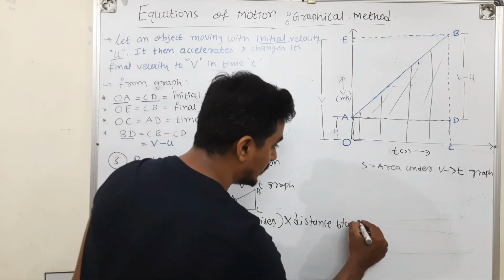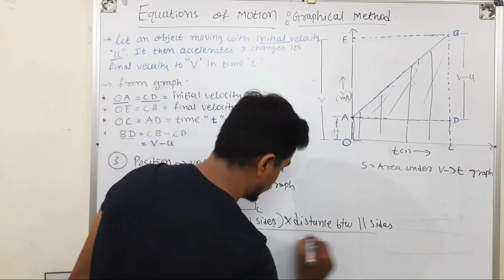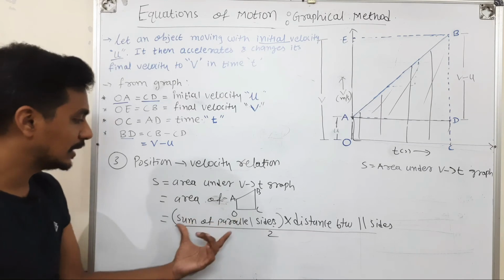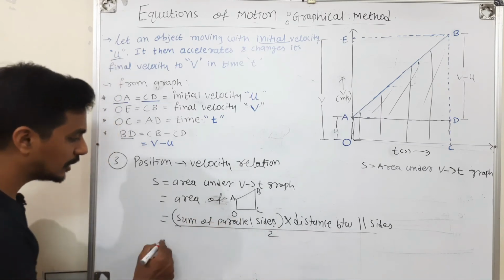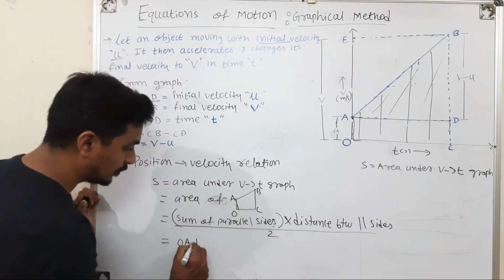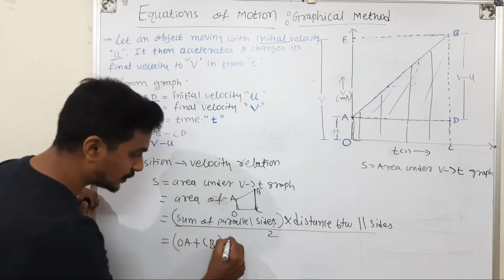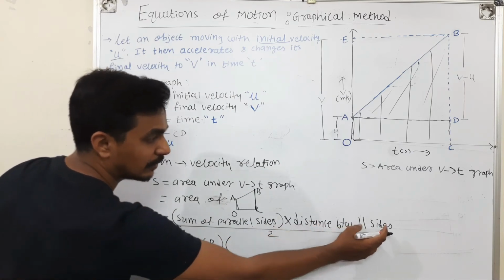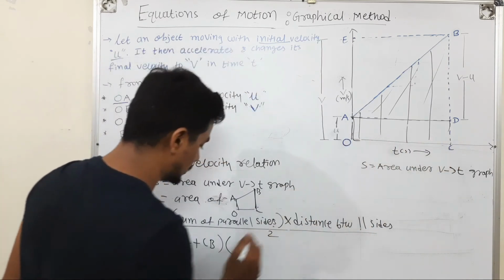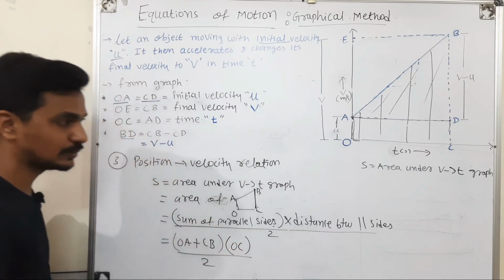This is the same formula that you learn in mathematics, but I consider it in my own way. So here it is OA plus CB into the distance between parallel sides. What is the distance? OC. So OC is the distance between the two sides, divided by 2.